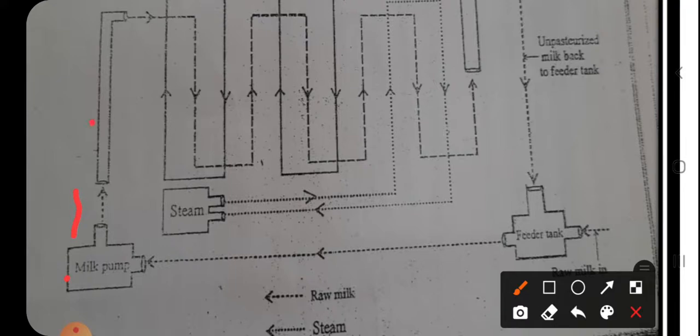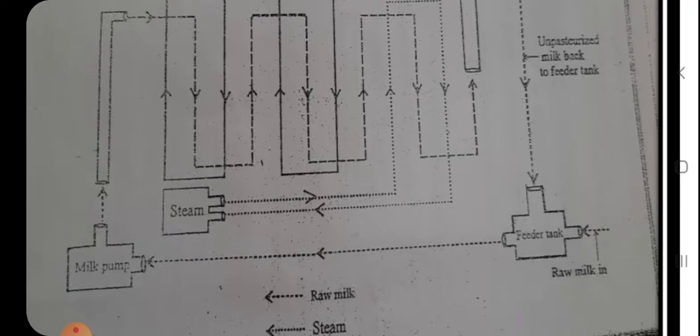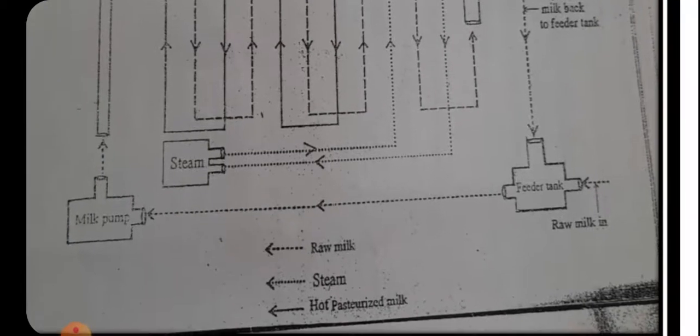From here, raw milk. These dark dotted lines are shown as raw milk, and this one is the steam, and the straight lines are shown as hot pasteurized milk.